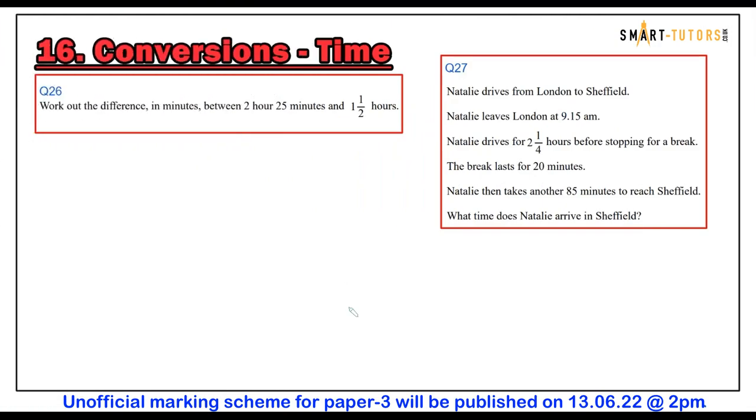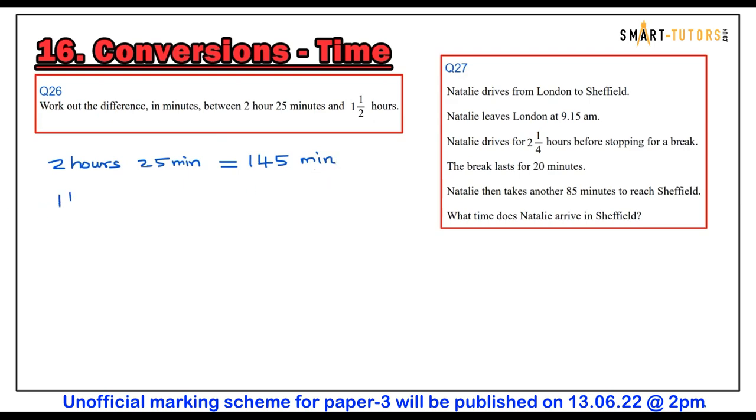Topic 16, conversion of time. So let's look at two questions. Work out the difference in minutes between 2 hours 25 minutes and 1.5 hours. So 2 hours plus 25 minutes, if you convert it into minutes only, 1 hour is 60, 2 hours is 120, plus 25, 145 minutes.